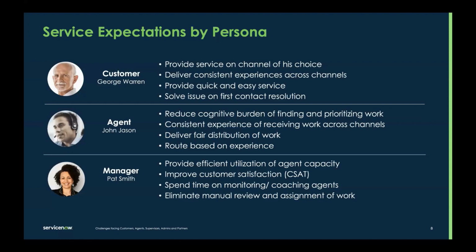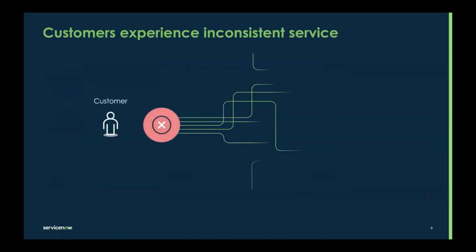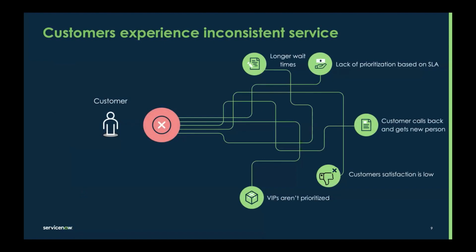If they're spending their time manually doing these assignments, they'd rather spend their time on coaching the agents and working on more difficult escalations. They just want to eliminate that whole process of manually assigning the work. And so what happens is the customer experience is inconsistent.